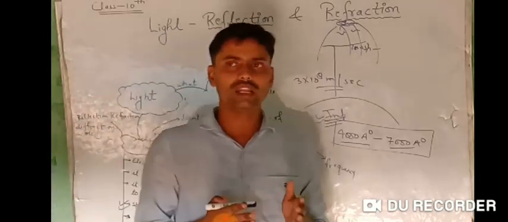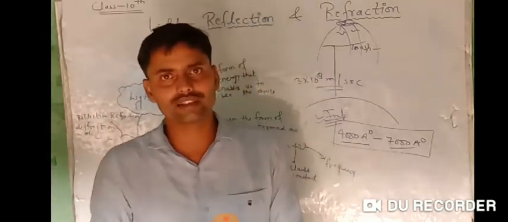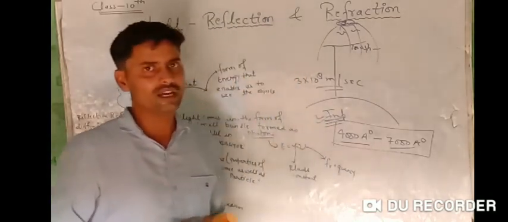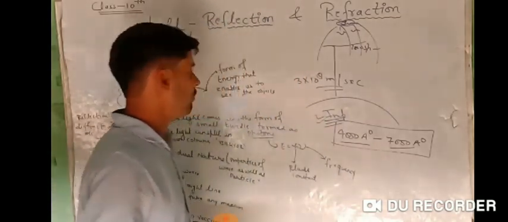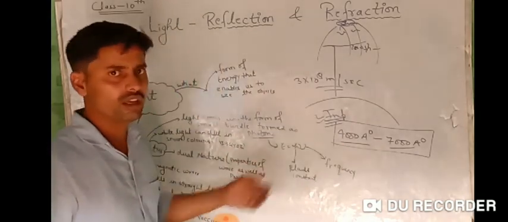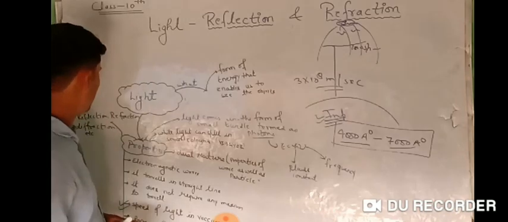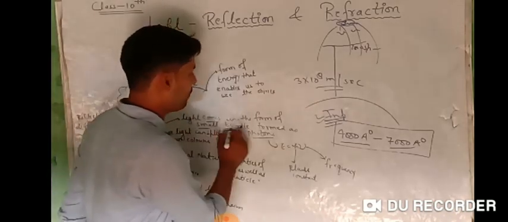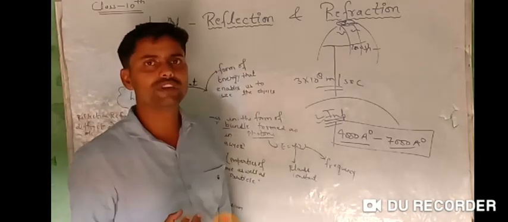The splitting of light rays is termed dispersion of light. We will study these phenomena in brief in the next classes.